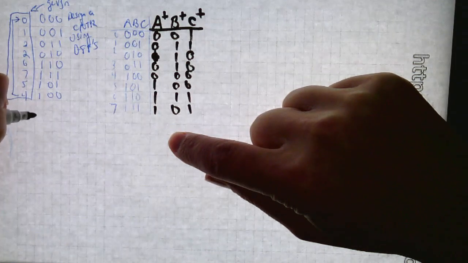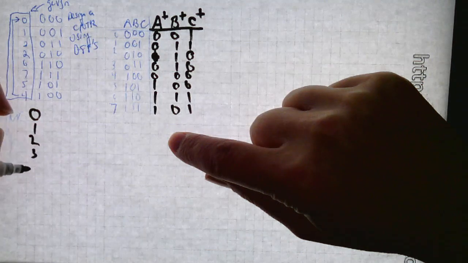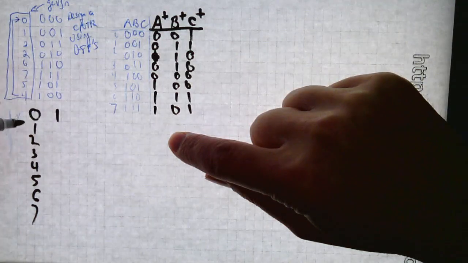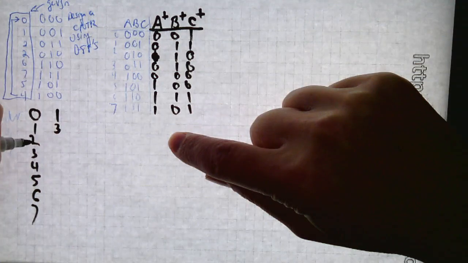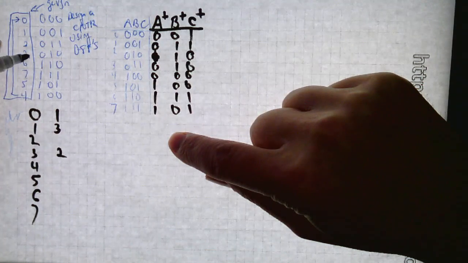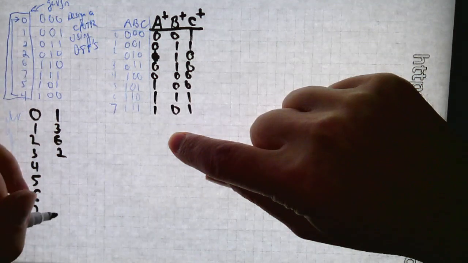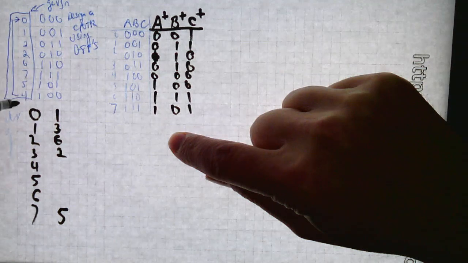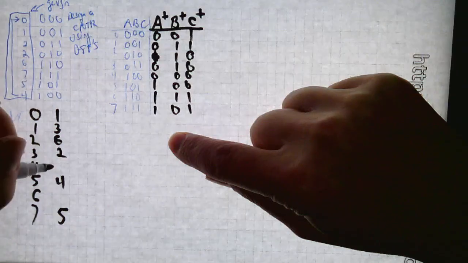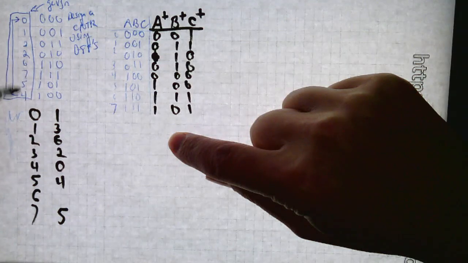Let me just write the present state, next state. 0, 1, 2, 3, 4, 5, 6, and 7. So 0 goes to 1. 1 goes to 3. 3 goes to 2. 2 goes to 6. 7 goes to 5. 5 goes to 4. 4 goes to 0. 6 goes to 7.